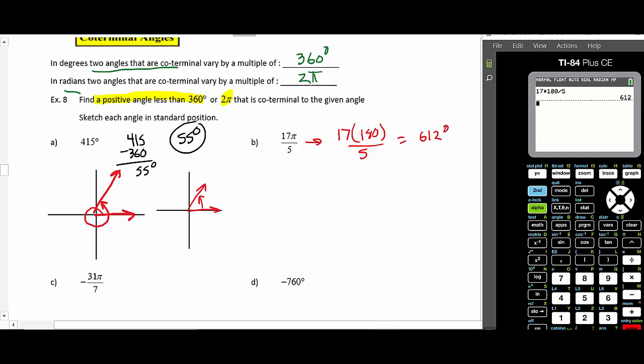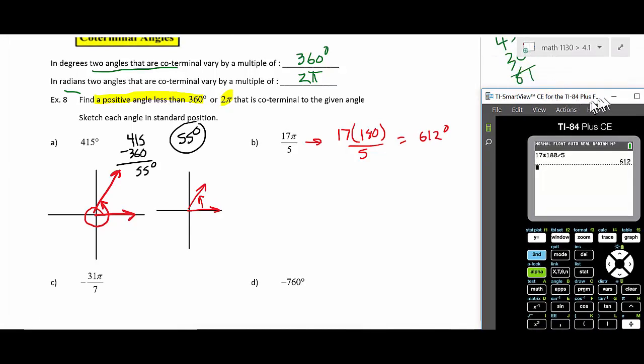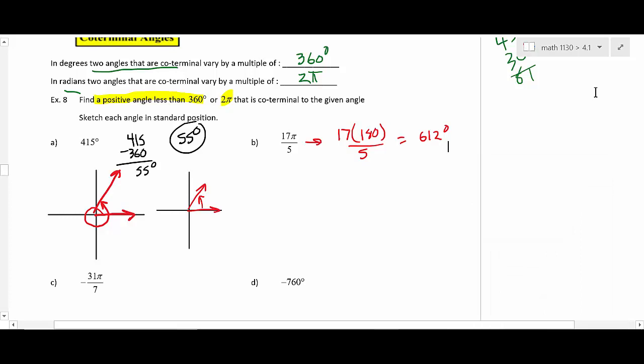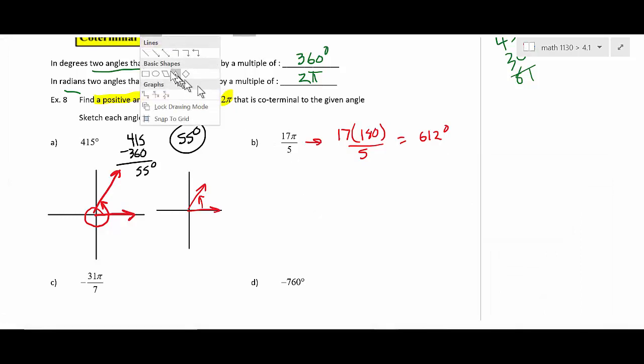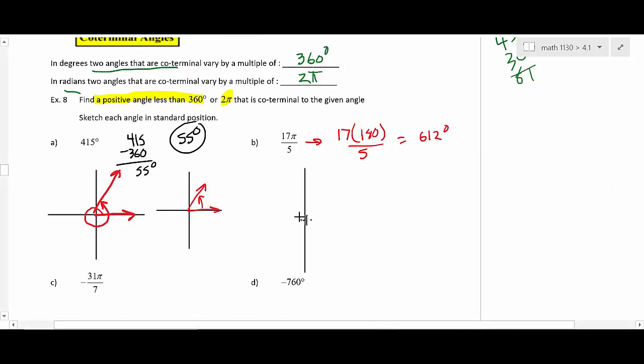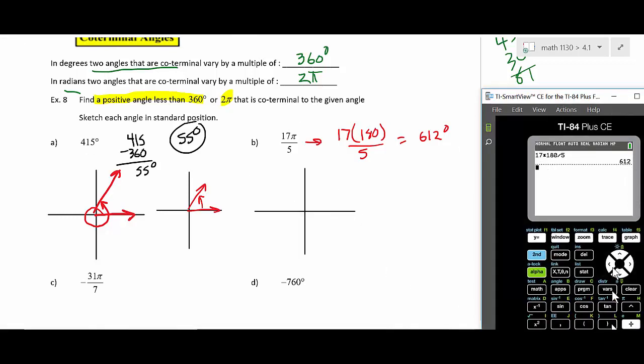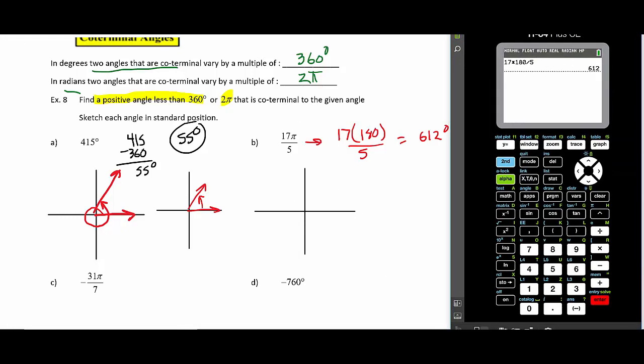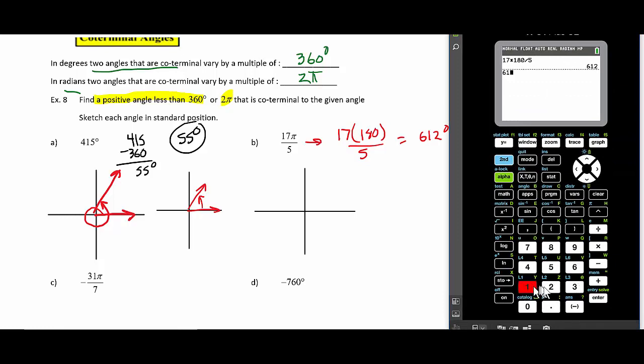Okay? So what I'm going to do on this now is I'm going to do two things. First thing I'm going to do is sketch this 612, with the assistance of my calculator. If I take 612 and take away 360 from it, I'm going to have 252, because we're trying to find a coterminal angle that's less than 360.